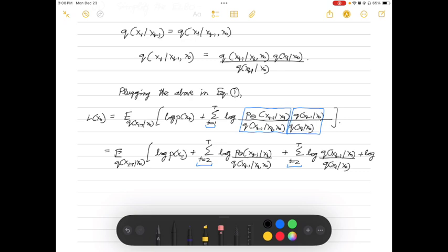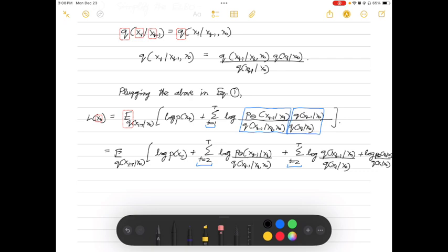if you look at it this way, this will come out to be log p theta of x naught given x1, divided by q of x1 given x naught. So why is this the case?